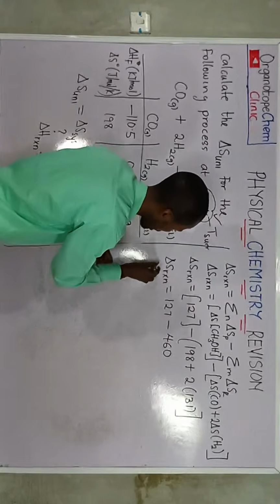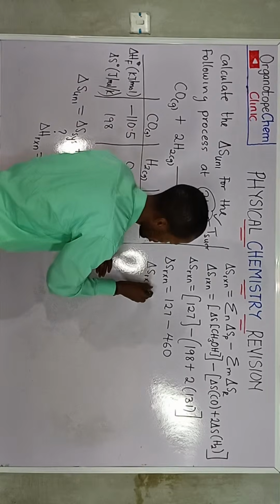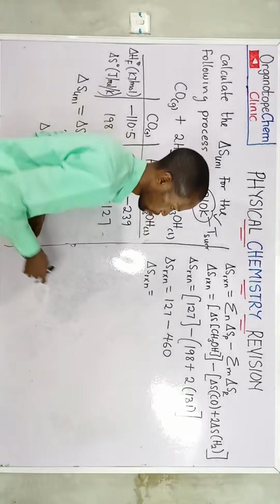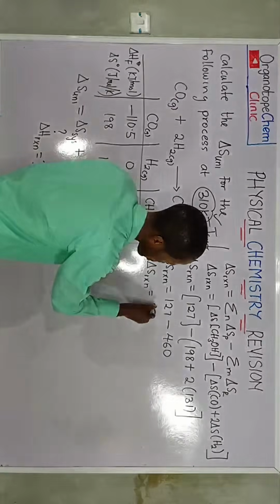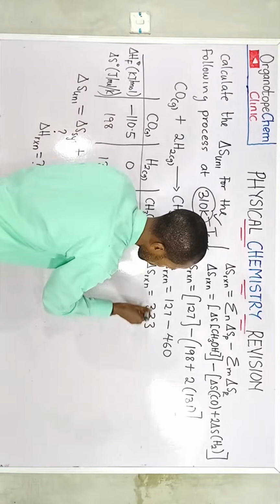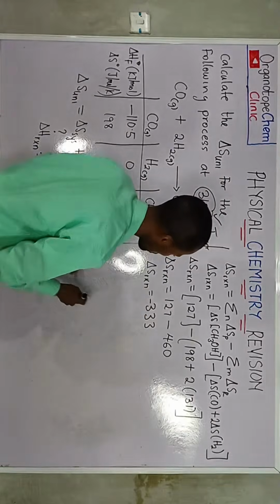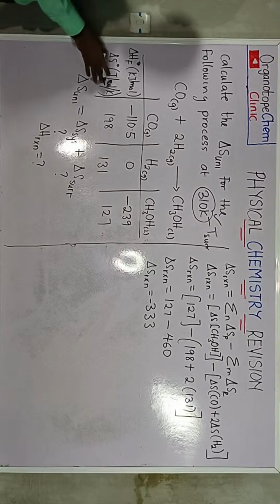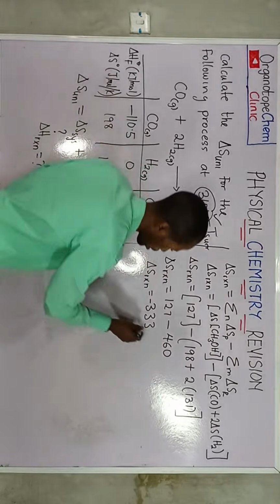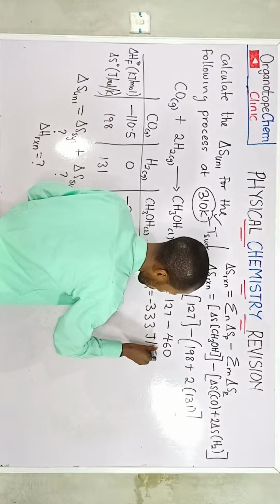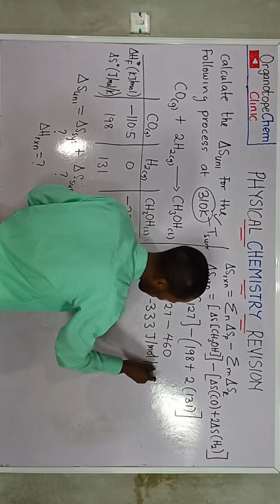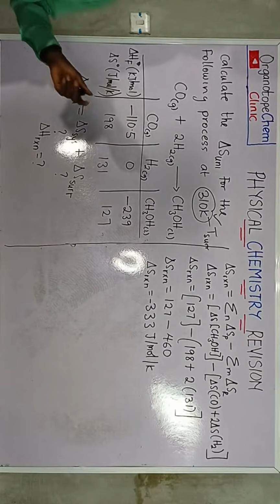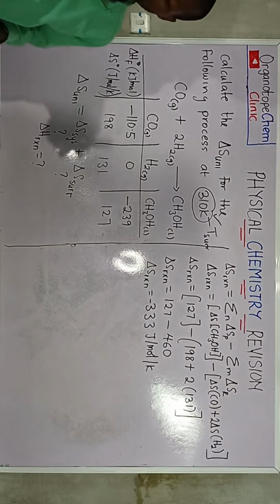Okay. So delta S reaction equals, so what is the final answer? What is the unit of the entropy? The entropy is joule per mole per Kelvin. So we have joule per mole per Kelvin. Okay, that is the unit of entropy.